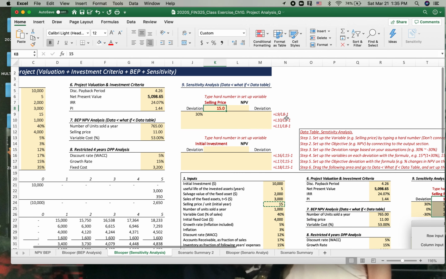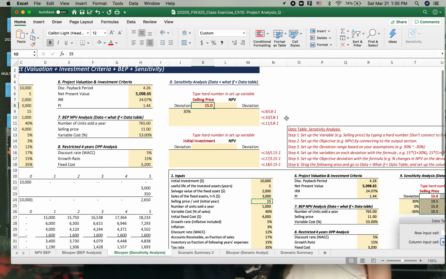When we use the data table function, the NPV should now be linked to the project value, the investment criteria, because what we want to know is the NPV variation when we change the selling price. So 30% deviation on the input variables, 0% or negative 30%.